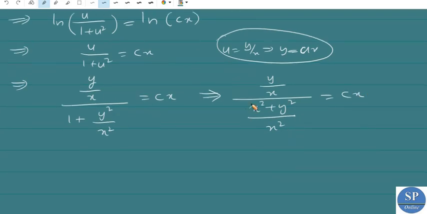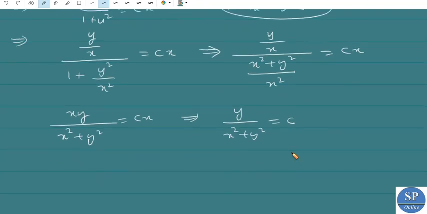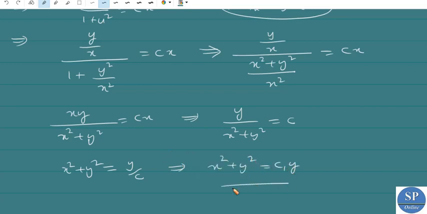Dividing by x, we get y divided by x square plus y square equal to some c. That is, x square plus y square is equal to y by c, or it can be written as x square plus y square equal to some c1 into y.